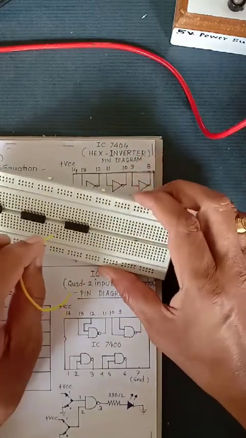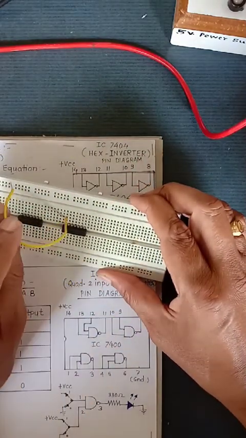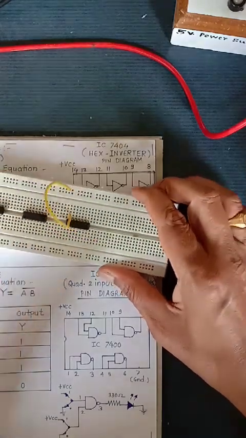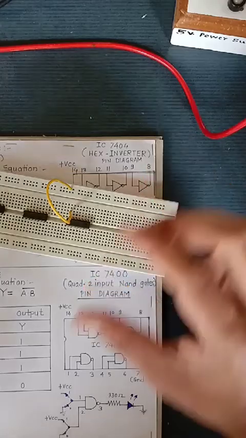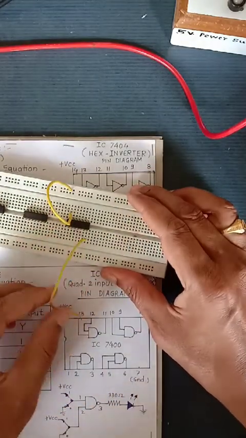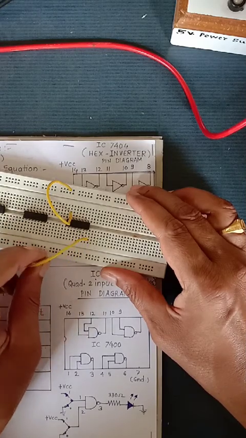Okay. So connect pin number 14 to the positive line, and pin number 7 to the ground. So this is pin number 7. I am connecting it to the ground line here.